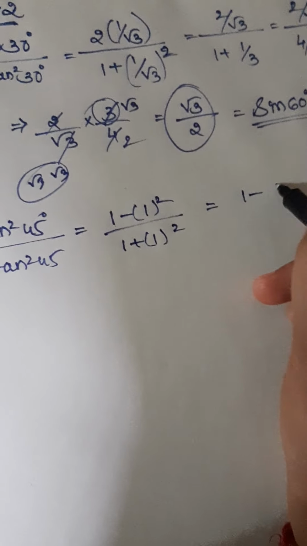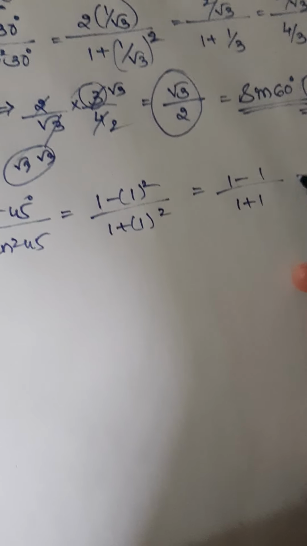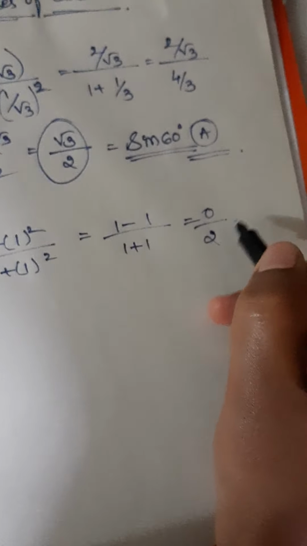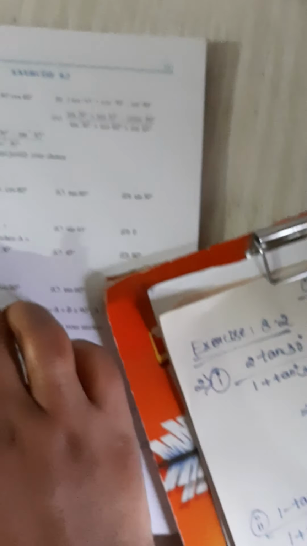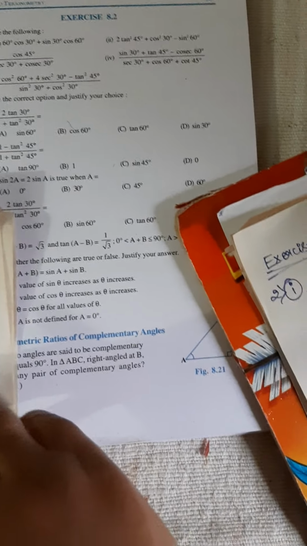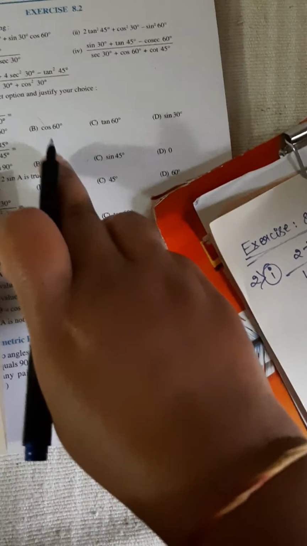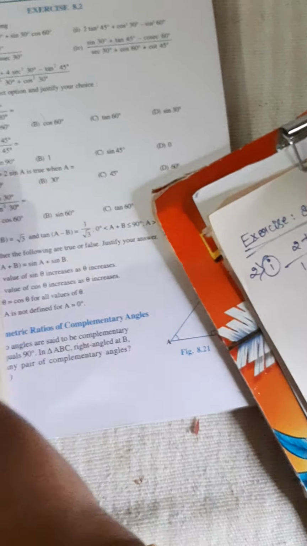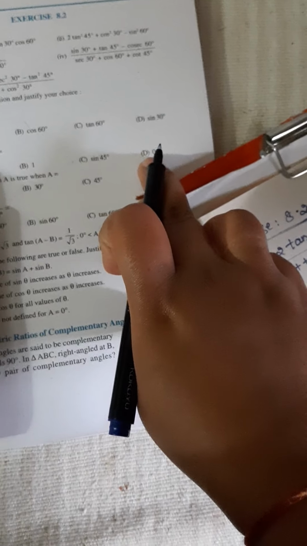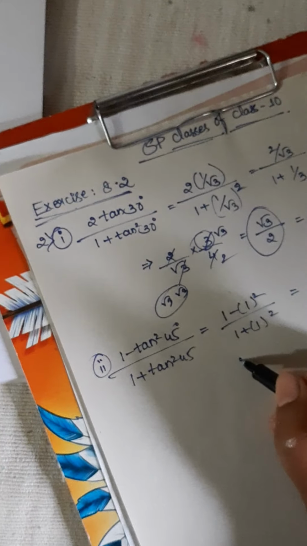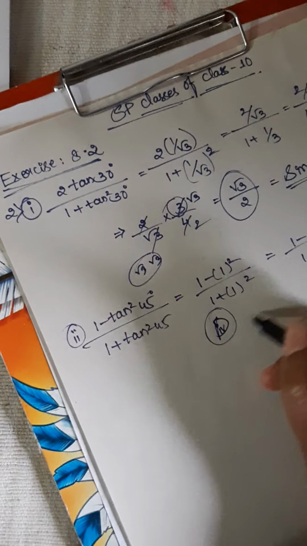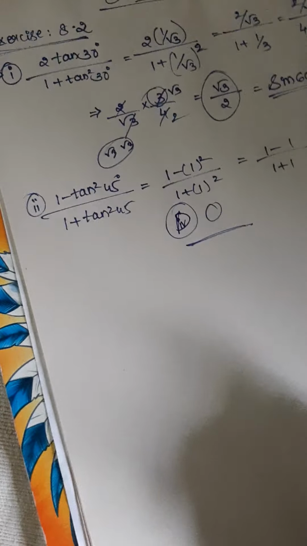It will be 1 minus 1 and here 1 plus 1. So it is 0 by 2, and 0 by 2 means 0. Tan 90 is 1 by 0, that is infinity. 1 is 1. Sin 45 is 1 by root 2. So 0 is 0. So the fourth option is our answer.